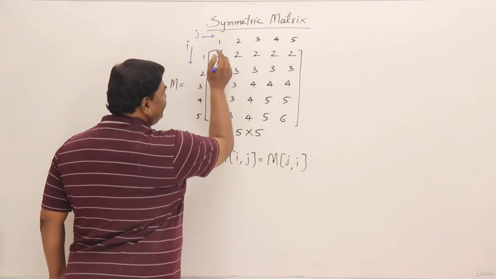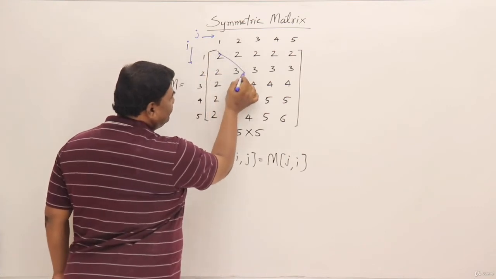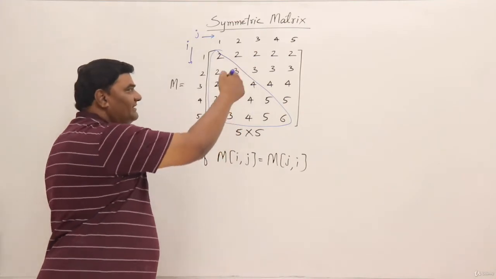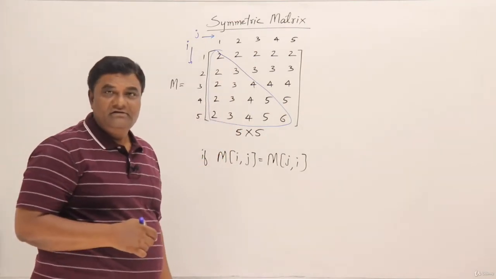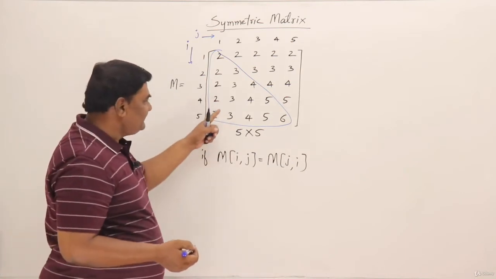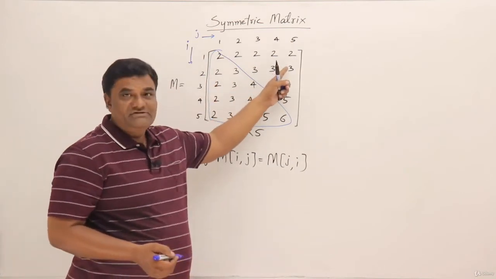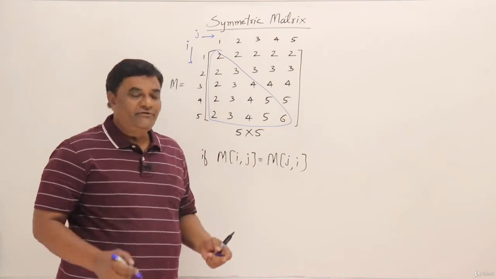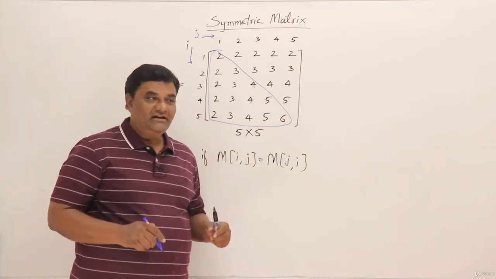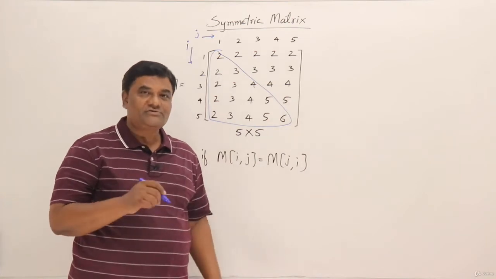So it's sufficient to store either the elements in the lower triangle or the elements in the upper triangle. Those elements will be sufficient. If I know these elements, then automatically I can retrieve those elements also. So for storing a symmetric matrix, I don't have to take a two-dimensional array. I can take a single dimension array and store it.